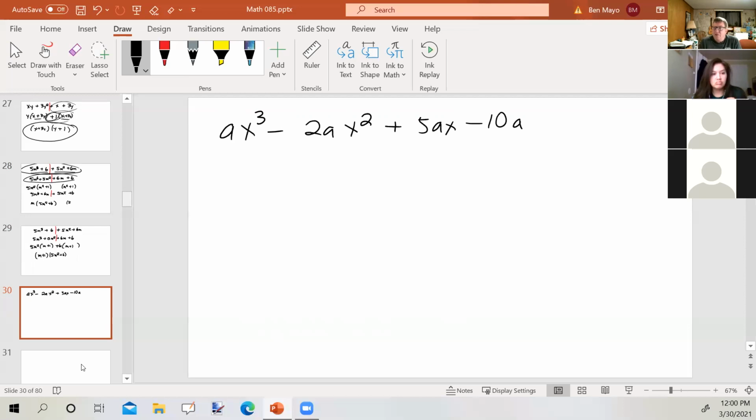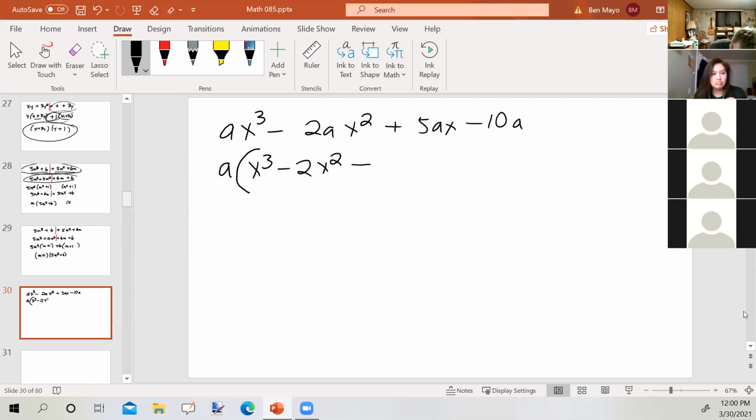Let's say the directions just said factor. You'd want to look for the greatest common factor first anyway. Is there a greatest common factor for all 4 of those terms other than just the number 1? A, right. So if we take out an a, then we get x cubed minus 2x squared plus 5x minus 10.